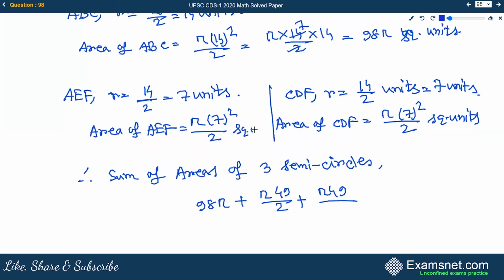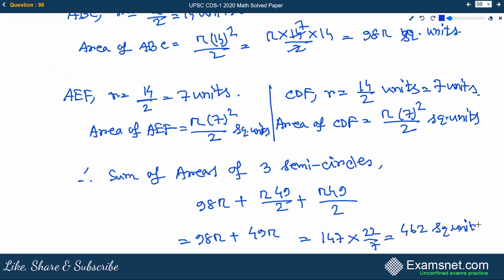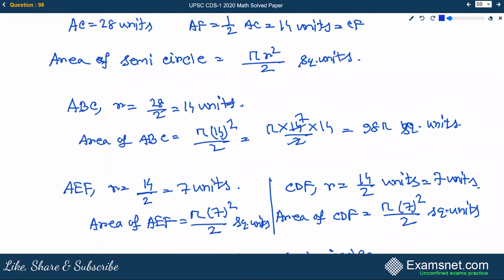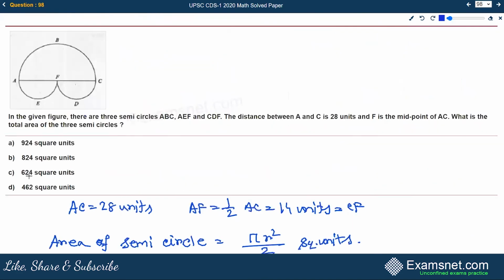Always mention the unit, that is a must. From here I can write 98 pi plus 49 pi, that is 147 multiplied by 22 by 7, so 462 square units. So 462 is the correct answer. Option D is the correct answer here.